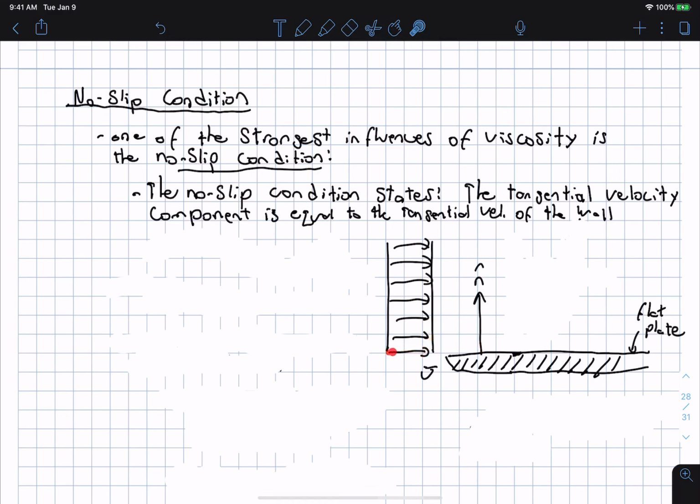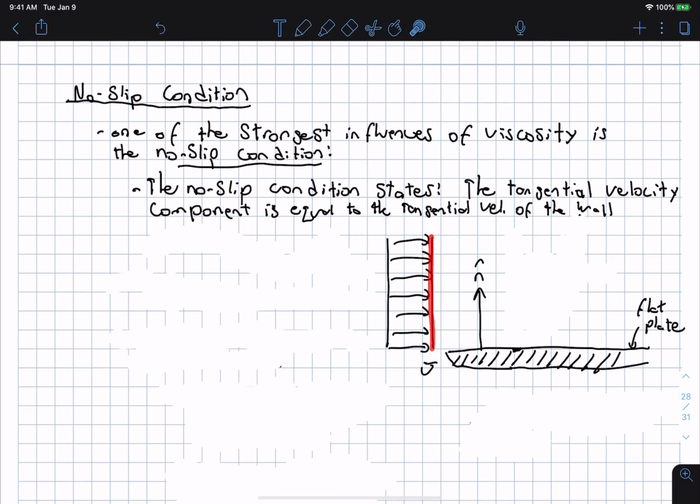So since the wall is not moving, that means that when the flow starts to interact with the wall, the magnitude of this velocity here is 0, and the velocity profile no longer maintains this nice uniform profile.